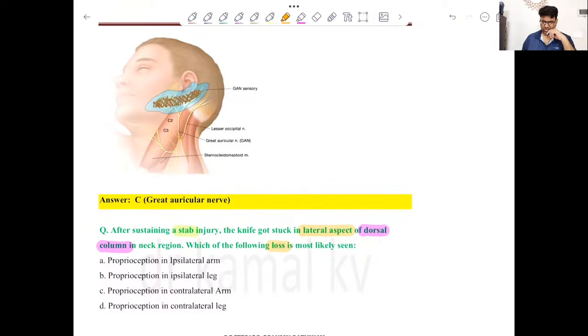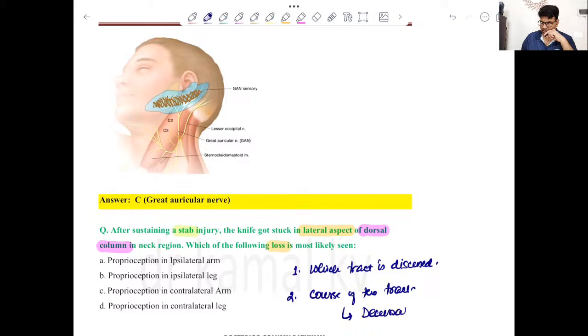Now, to answer this type of question, you have to understand two things. Number one, this is about the loss, so it is of course an ascending tract. Which tract is discussed? And number two, what is the course of the tract, especially in terms of decussation?